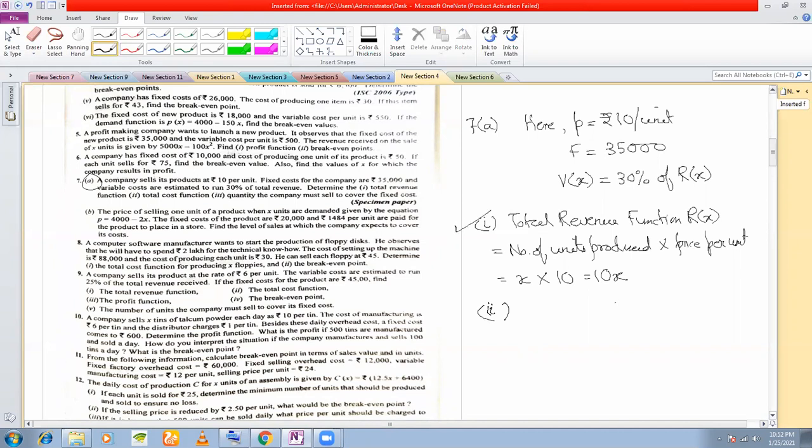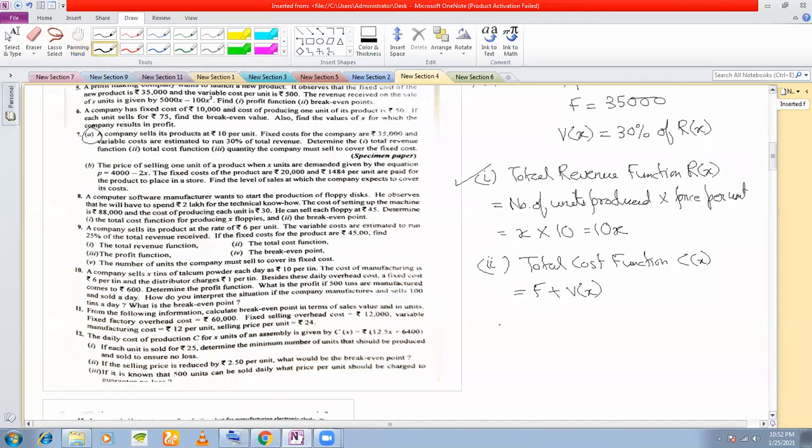Now we find out the total cost function. Total cost function Cx. What is the total cost function? Fixed cost plus variable cost, right? And what is the variable cost here?